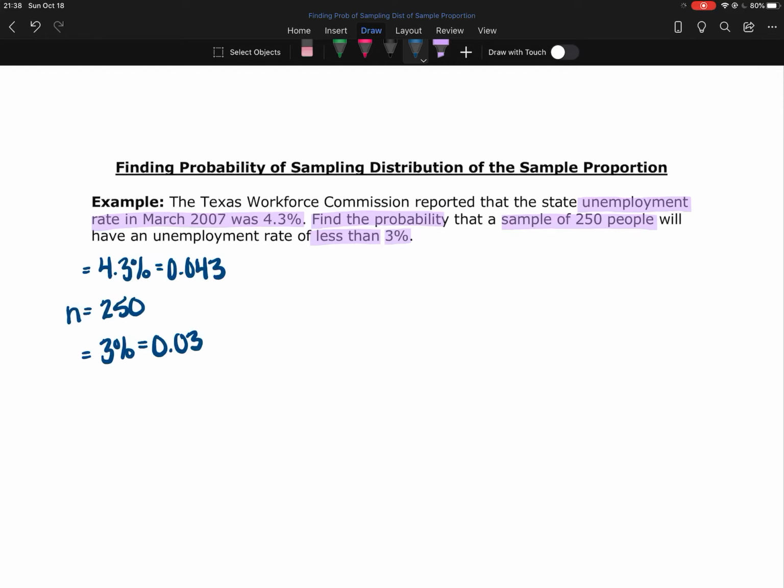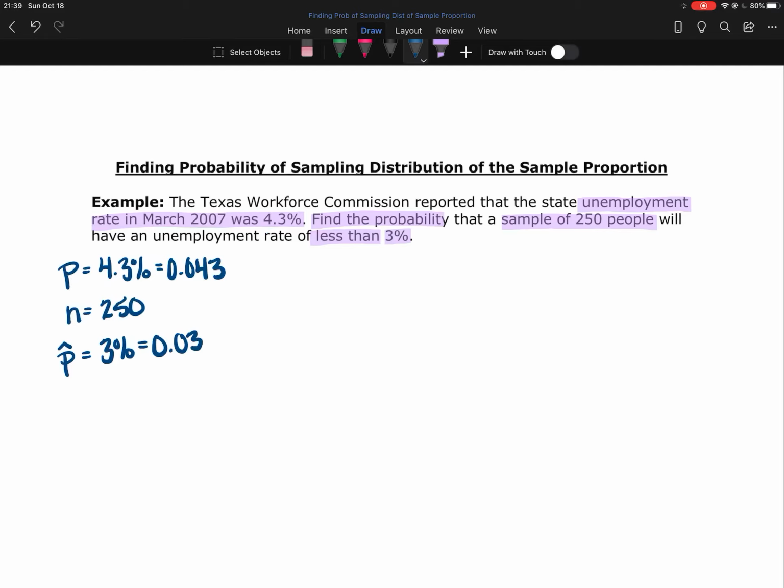So this 3% is the unemployment rate for the sample of 250 people. So that would be the sample proportion, which is the p with the little hat on top of it. And then the 4.3% is the unemployment rate for all of Texas. There we go.